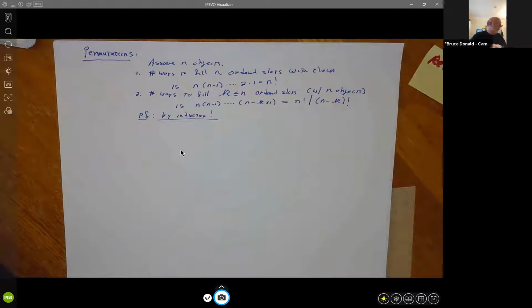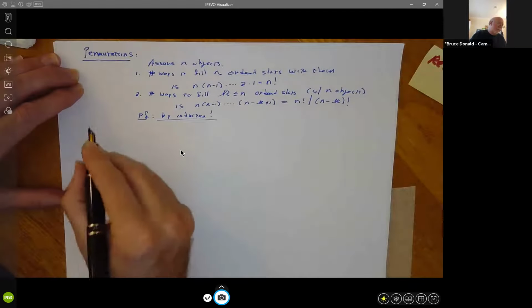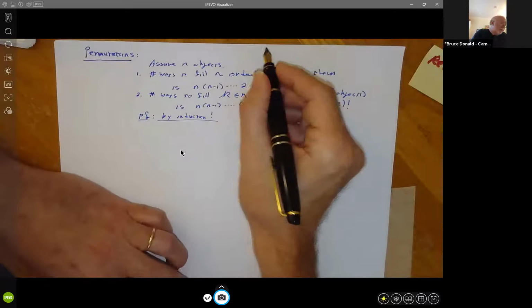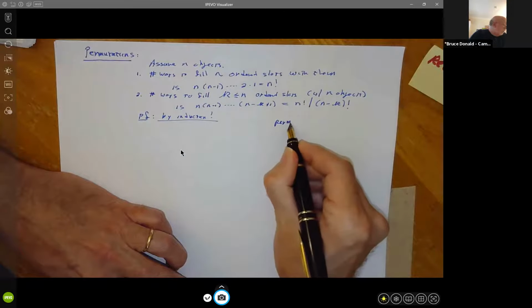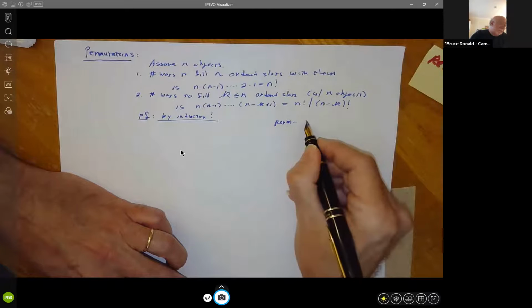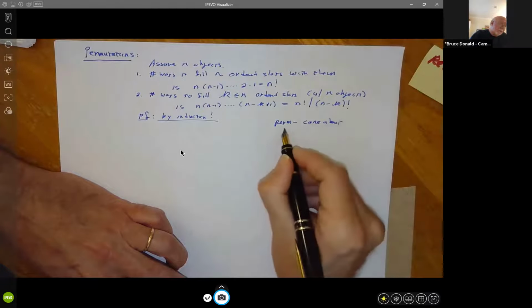Okay, now I want to make a contrast between permutations and combinations. So permutations care about order. So they care about different orders.